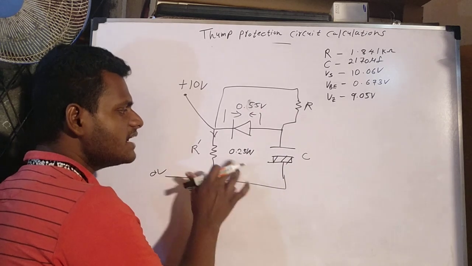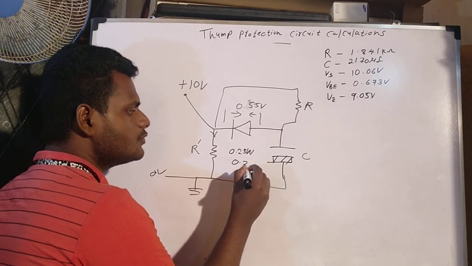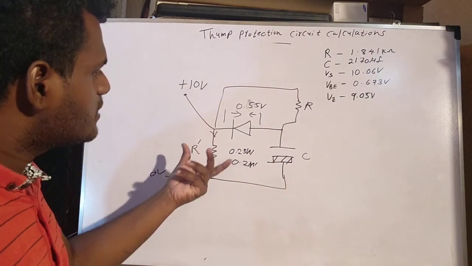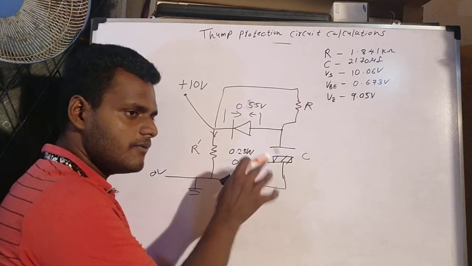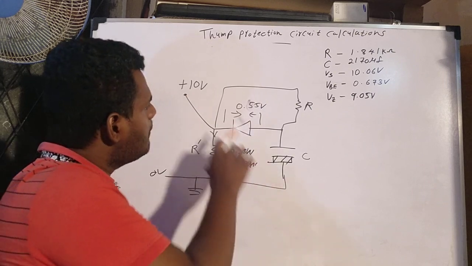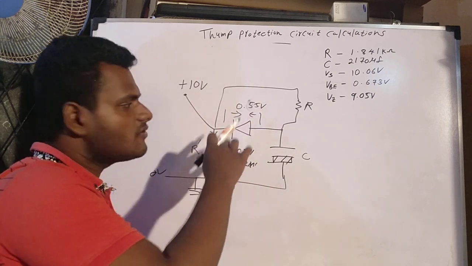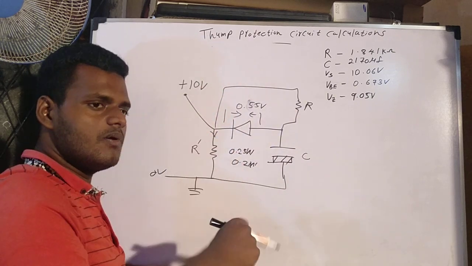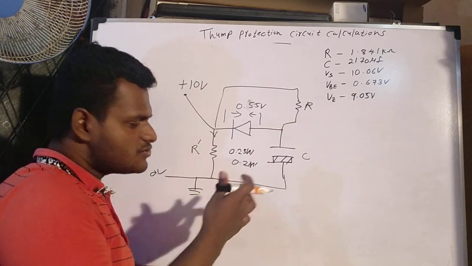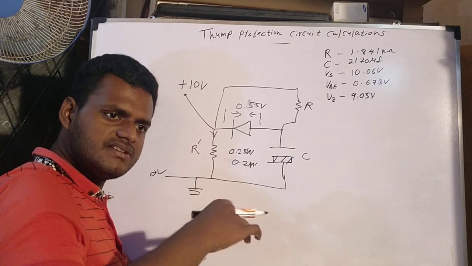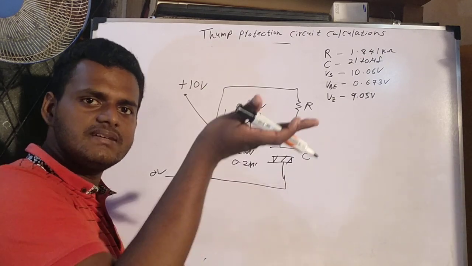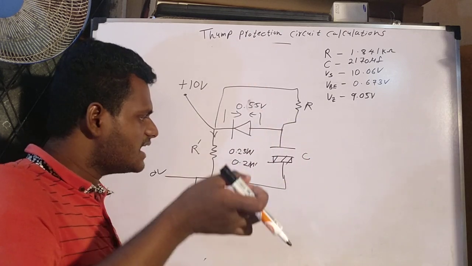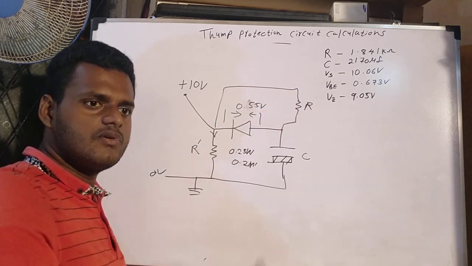Actually, I'm taking 0.2 watt. I think it's much better. Why? Because we cannot exactly use 0.25 watt. If the voltage increases, the resistor also gets damaged. Also, 0.25 watts means near the burning point.